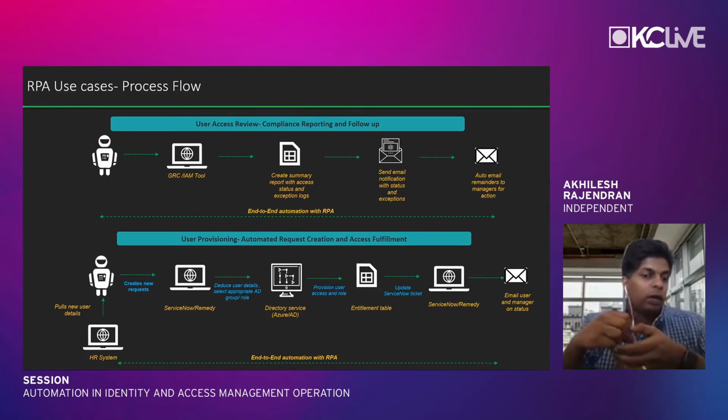Bots can easily do that based on the rules we set, either based on a spreadsheet, or it can go and check another table where we have defined what kind of role they want, and then provision accordingly for each user for the specific Active Directory or whichever groups you want. Then it comes back to the ticketing system, updates whether the ticket has been fulfilled or needs a second level of thought, and then emails the managers the status.